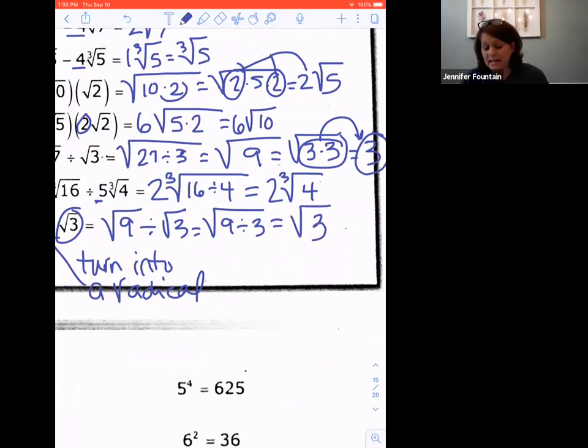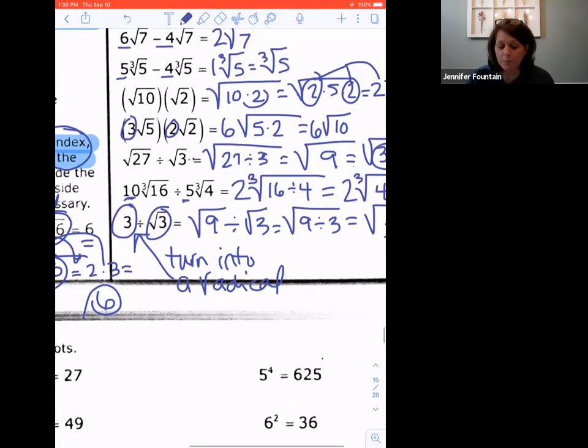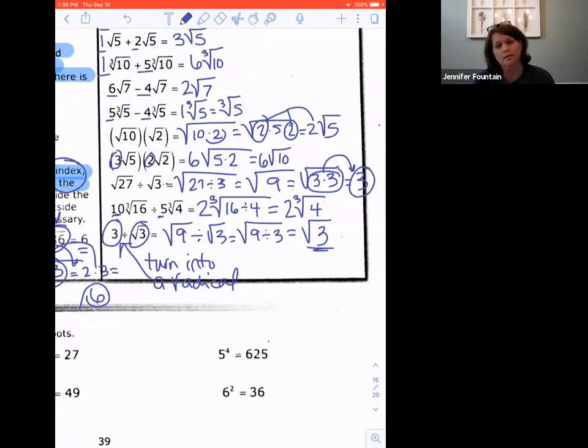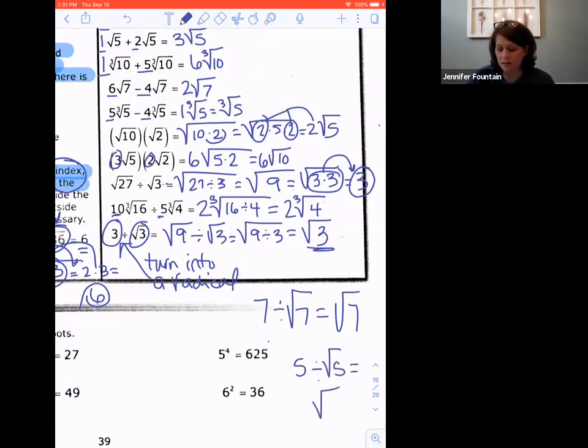So basically, anytime I have a whole number divided by a radical, and it's the same number under the radical as the whole number, my answer is just going to be that as a radical. Just like if I had 7 divided by the square root of 7, my answer would be the square root of 7. If I had 5 divided by the square root of 5, my answer would be the square root of 5.